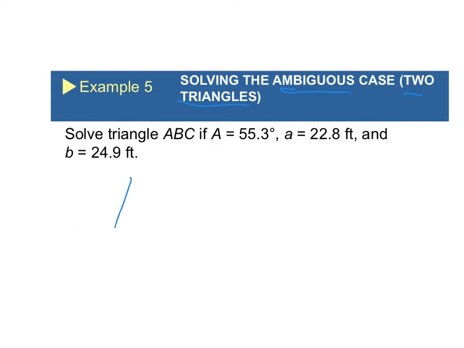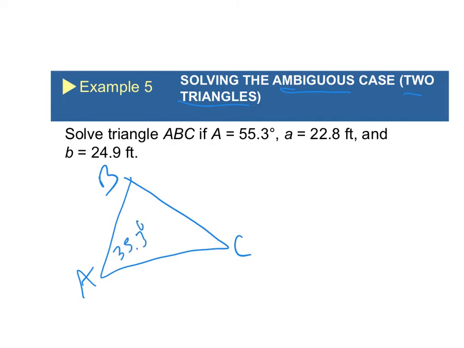Let me draw my picture again. A, B, C. Angle A, he went back to using decimals, 35.3 degrees. Side A, that goes together, 22.8.